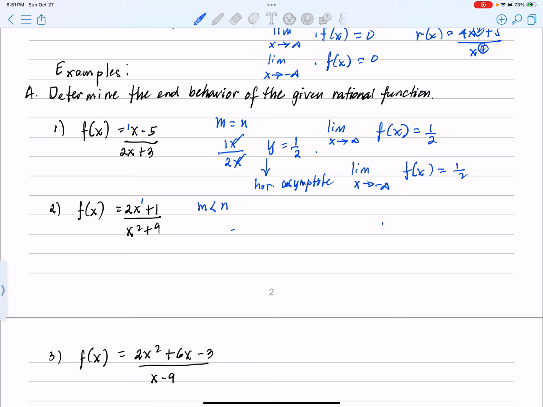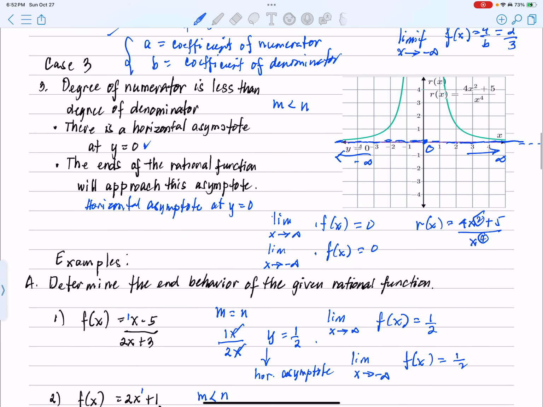So what happened in case number 3? Is there a horizontal asymptote? The horizontal asymptote is 0. That's y equals 0. What does it mean? It means that there is a horizontal asymptote when y equals 0. That's like in this case right here.